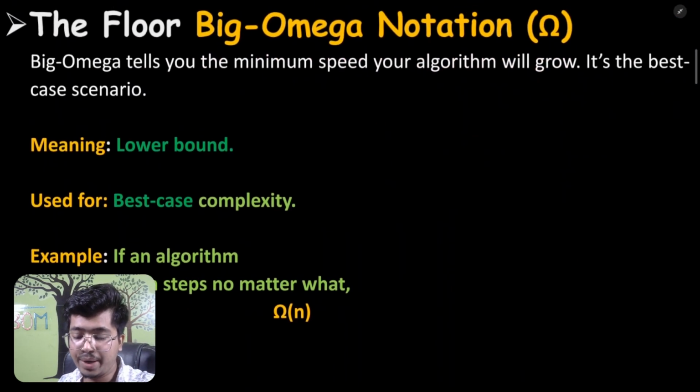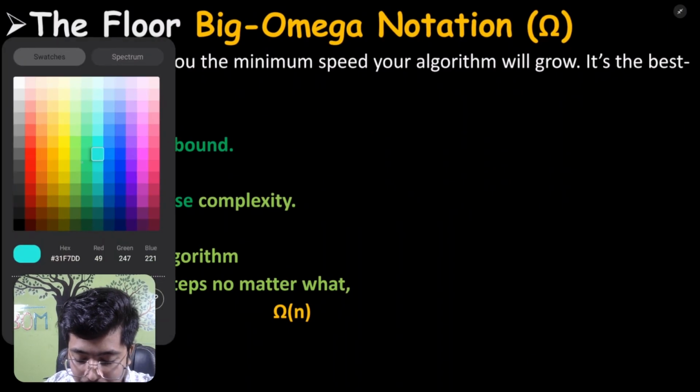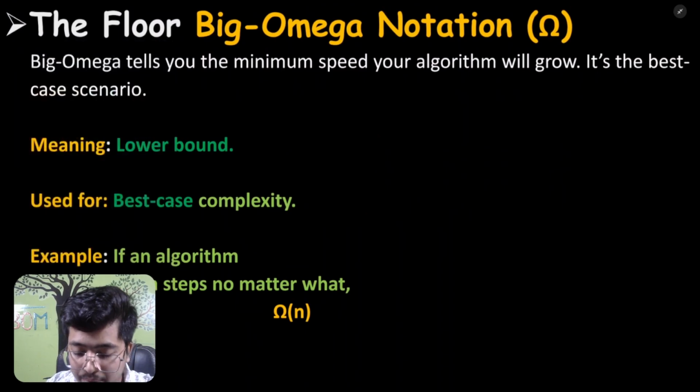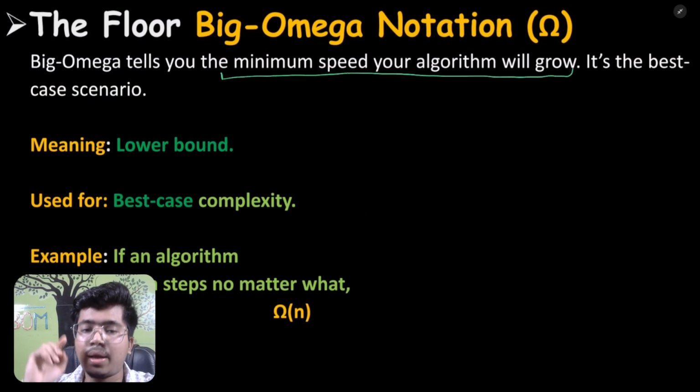Now we'll be looking at the floor big omega notation. Big omega tells you the minimum speed at which your algorithm will grow. It's the best case scenario. So big omega tells us the minimum factor our algorithm can grow.